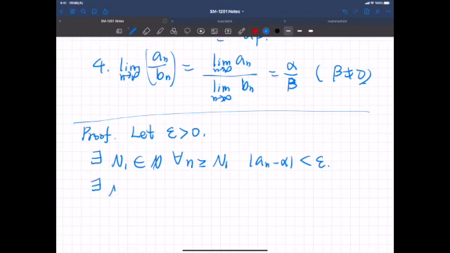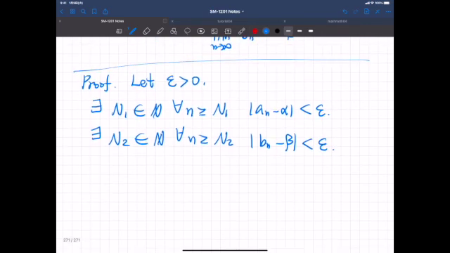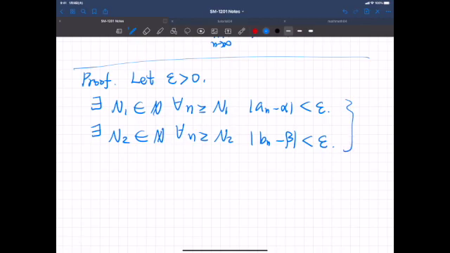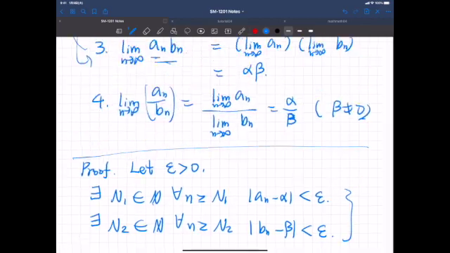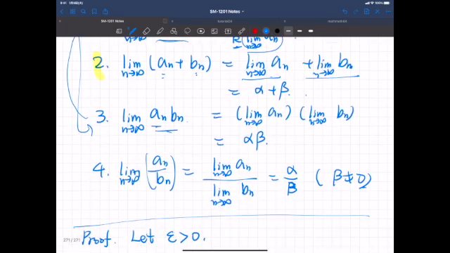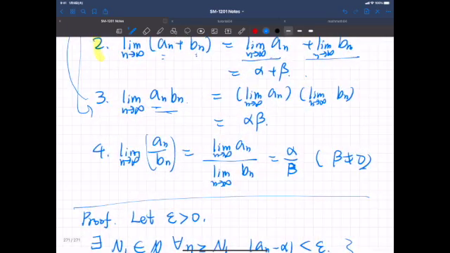And also there exists some natural number, let's call it n2, such that for all natural numbers greater than n2, we have |bn minus beta| less than epsilon. These come from the assumption.